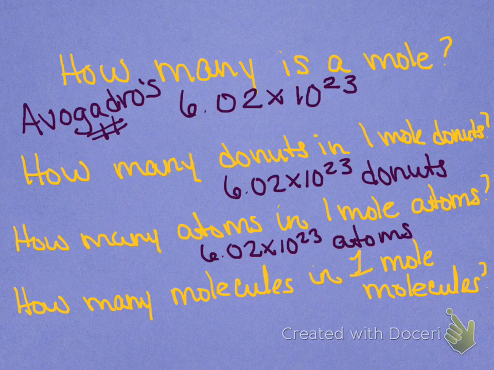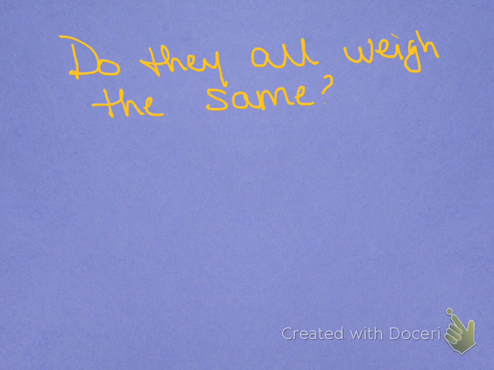If I have a mole of molecules, so compounds that are bonded together, let's say carbon dioxide molecules, I have 6.02 times 10 to the 23rd molecules. So you get the idea. If I have a mole of anything, just like a dozen is 12, a mole is 6.02 times 10 to the 23rd.